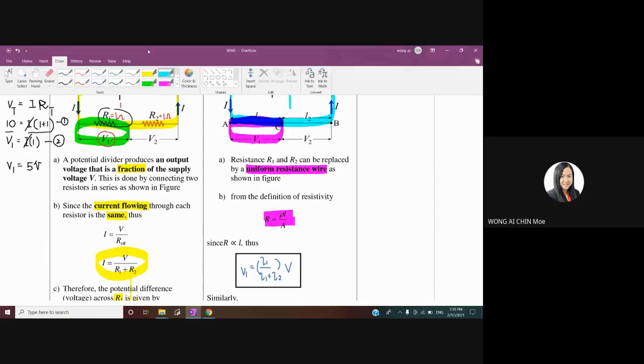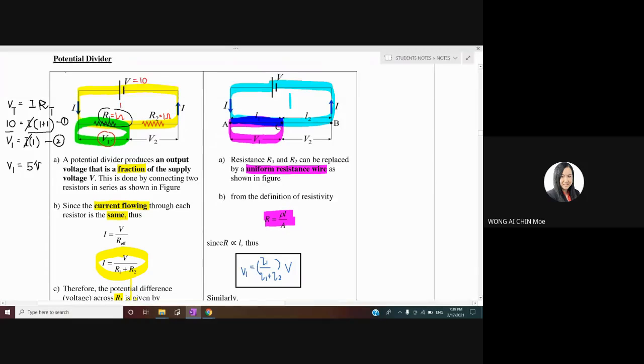So we do it as a ratio, V total and then V1. If you take V total, you must take everything total, so L1 plus L2. If you only want V1, you only take L1. So this is the ratio.